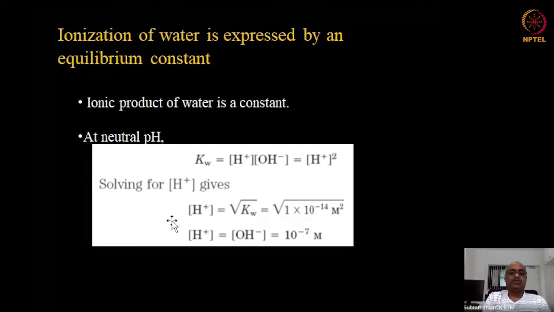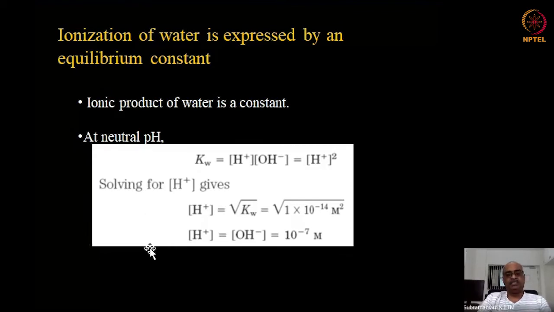Okay. So, in pure water, the concentration of the protons or the concentration of hydroxyl ion is equal to 10 power minus 7 molar. So, this is the basis for a scheme of measuring hydrogen ion concentration, which we call the pH scale. Okay.